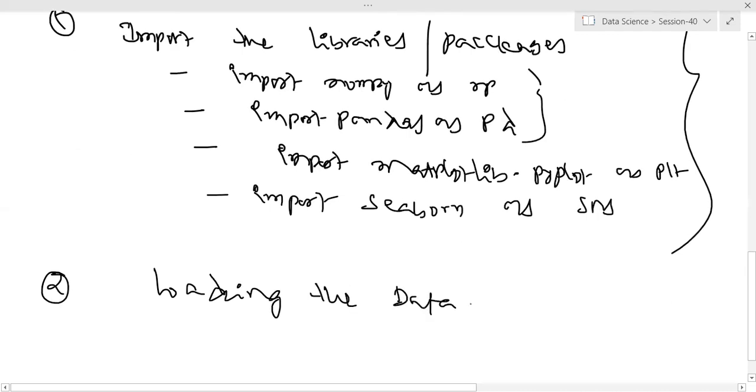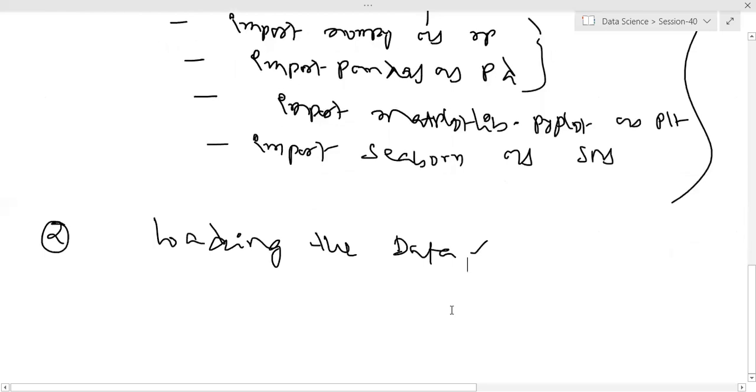Loading the data. This particular load data generally provides the pandas way, pd.load data set, and correspondingly the case studies we have seen. In case of the regression, which case study have we seen, friends? Just to try to recollect. Simple regression, multiple linear regression we have seen.